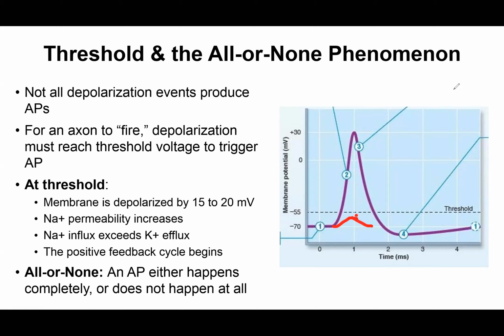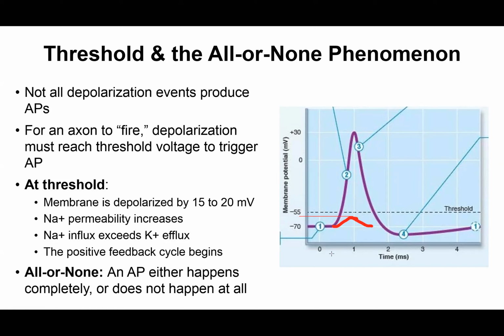If we only got to there, we haven't met our threshold value. Okay, so as you can see from the diagram here, if we only got to here, we are not at our threshold value, and therefore this would not lead to an action potential.